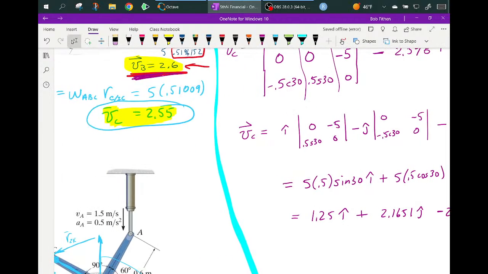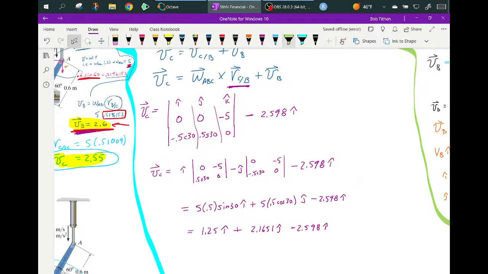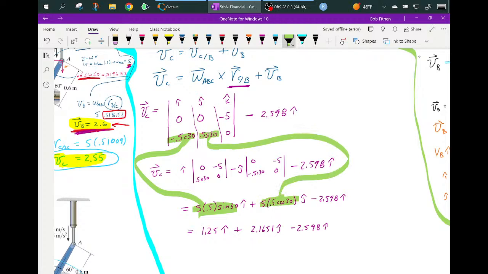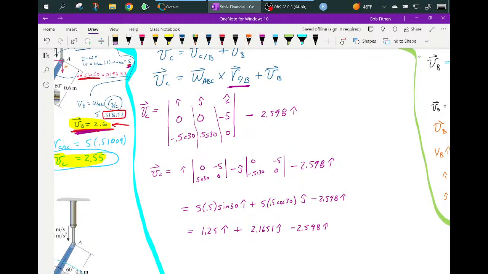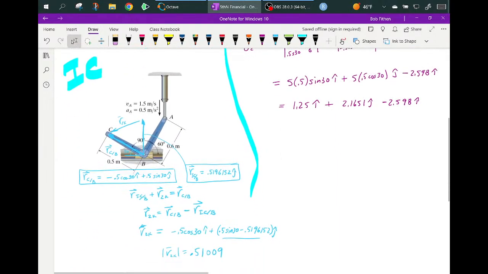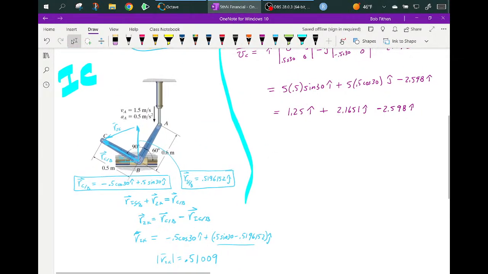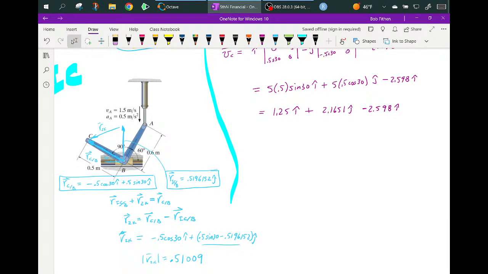Let's take a look at this bottom term. First, let's do our dot check. This one times this one plus this one times that one. And they have opposite signs, equal magnitude. Now let's do our drawing check.